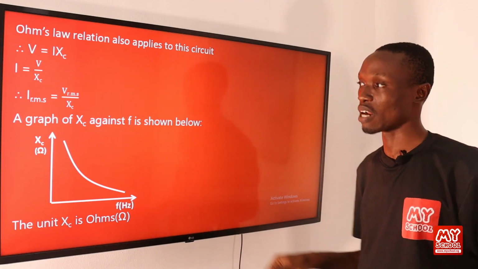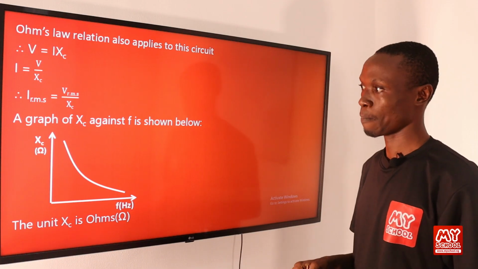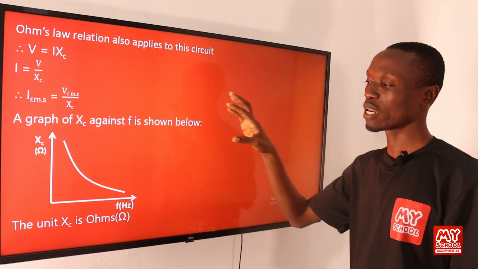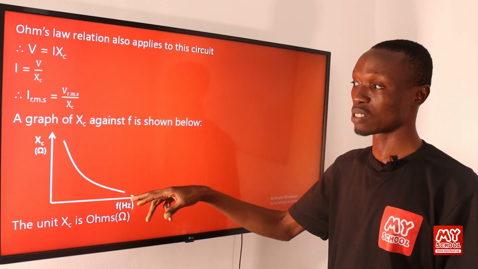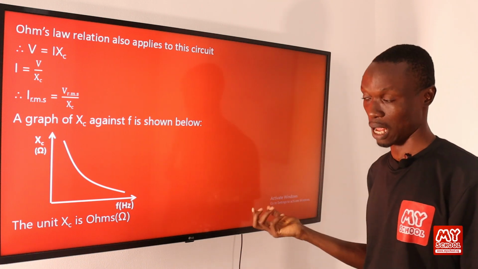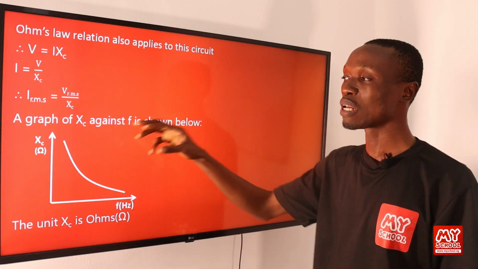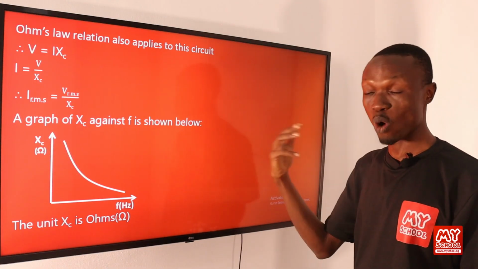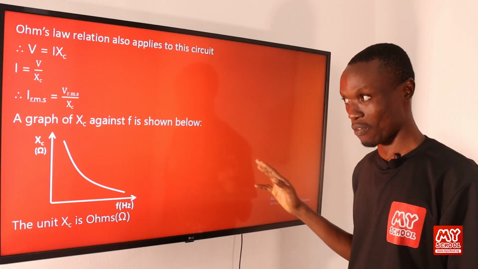Okay, so this is the graphical representation of XC against f. From this graph we can see that as the frequency increases, XC decreases, and vice versa. What this simply means is that the capacitor only allows high frequency current to flow through, but blocks low frequency current.